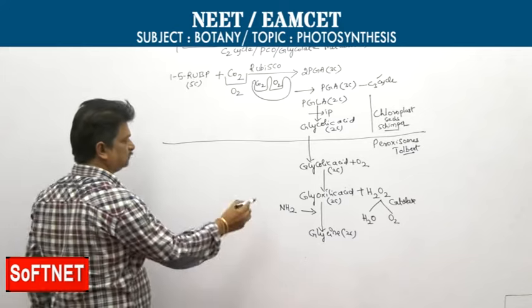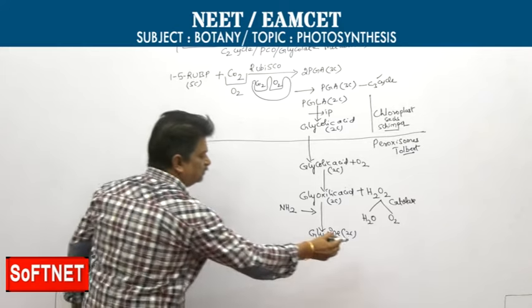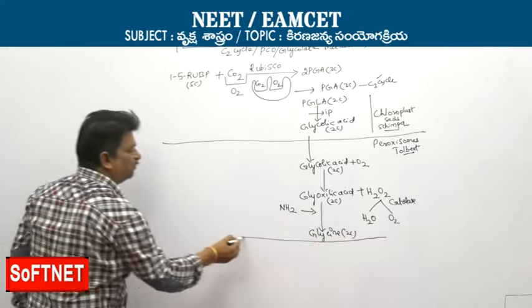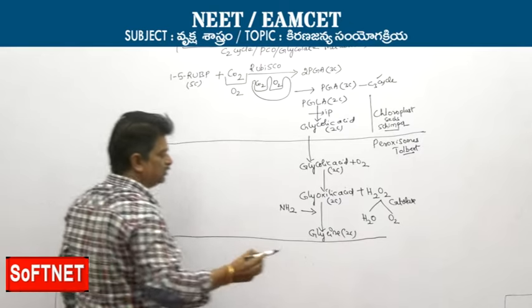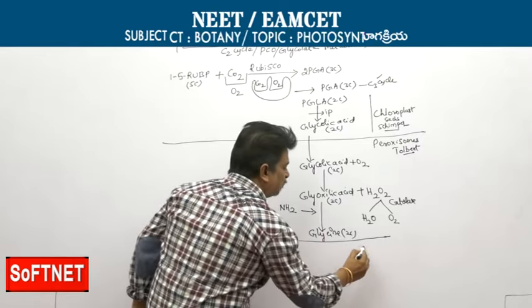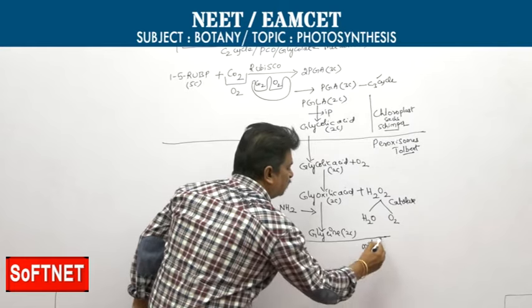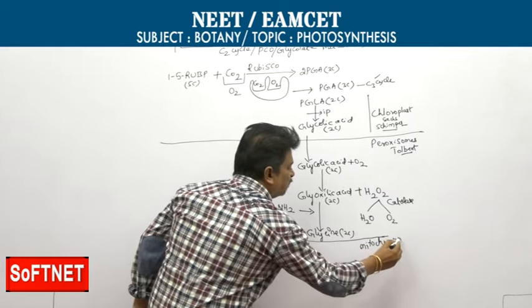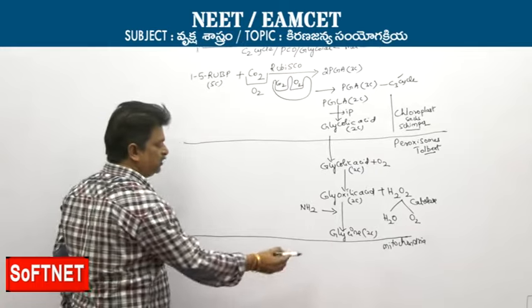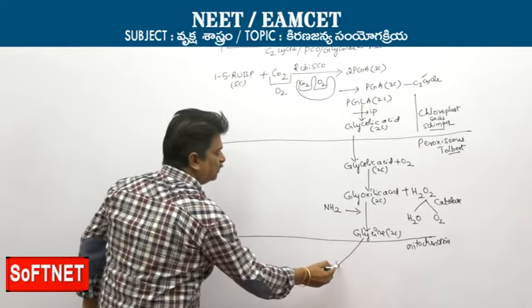Then, from peroxisome, this glycine enters into mitochondria.